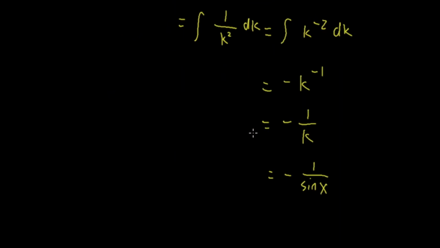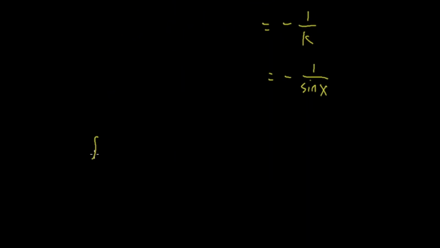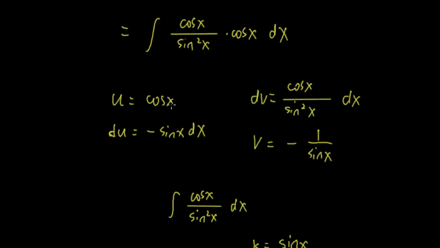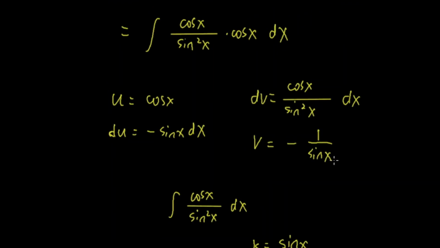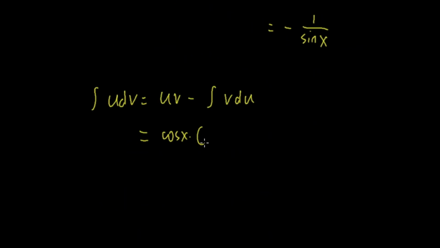Now, the integration by parts formula, right, is this. Okay, what's u? Cosine x times v, which is negative 1 over sine x, minus the integral of v, so here, times du.